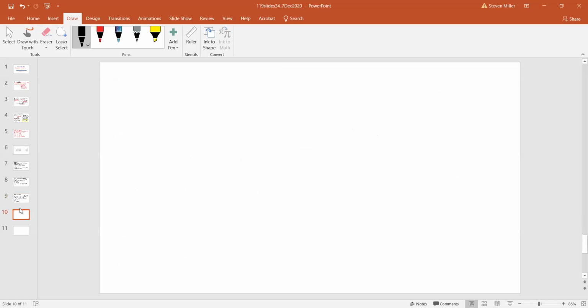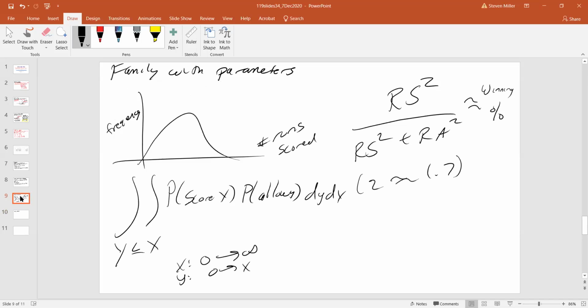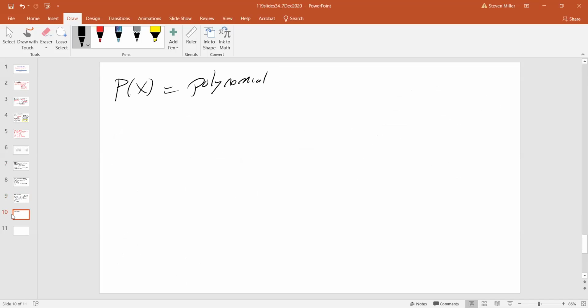And so the simplest thing is, if we tried p of x is a polynomial, or actually on the last page, I'll make this PS for runs scored and PA for runs allowed. So if PS and PA are polynomials, we can do the integration very well.